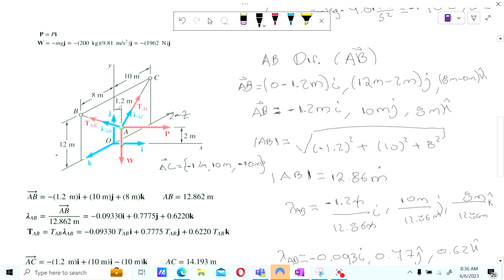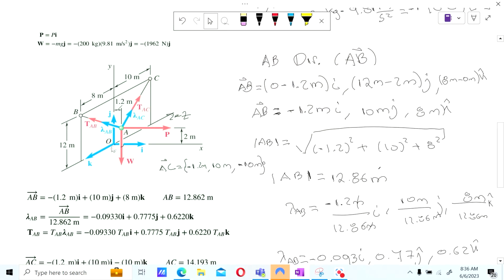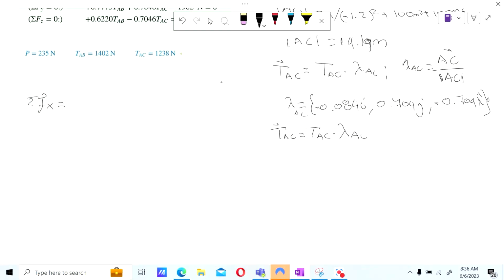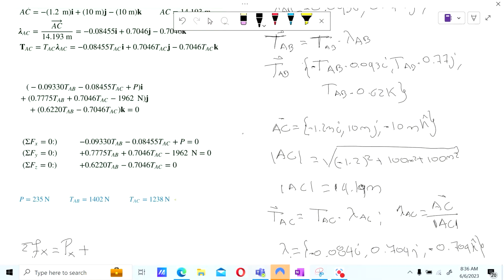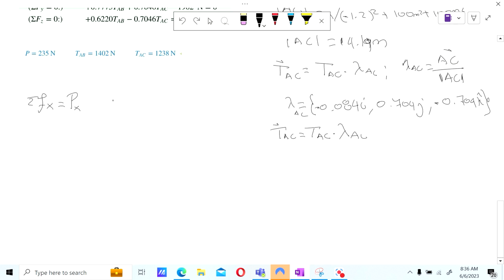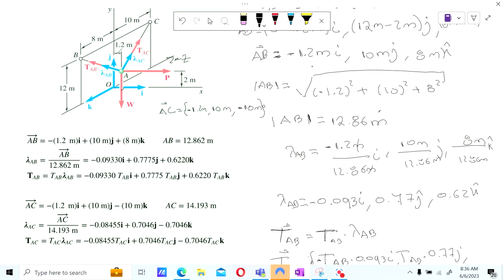We have Px plus, actually it's saying that is minus TAB, or actually before we do that, let's go ahead and do this.